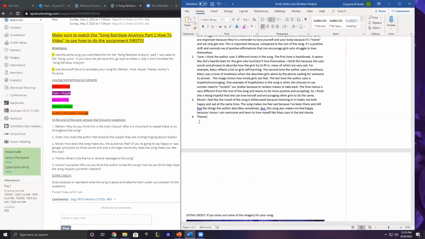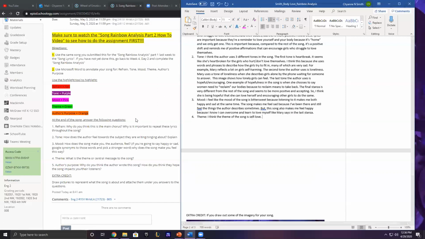And the biggest theme of this song that I think, especially after answering all of these questions, is self-love. So I think the theme of the song is self-love. And so then, of course, you need to explain why you think whatever you label the theme as is the theme.